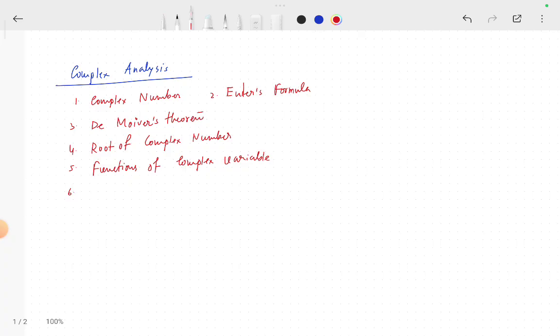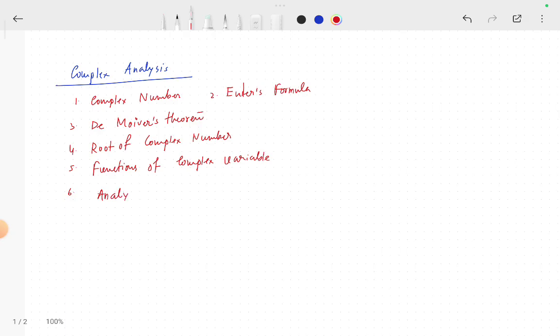Now, using those definitions, we have to study some advanced topics as well. Topic 6 is analyticity and the Cauchy-Riemann conditions, which is very important. These are the advanced topics.